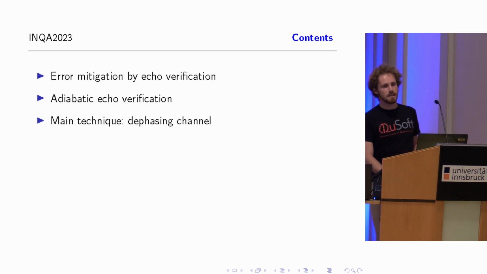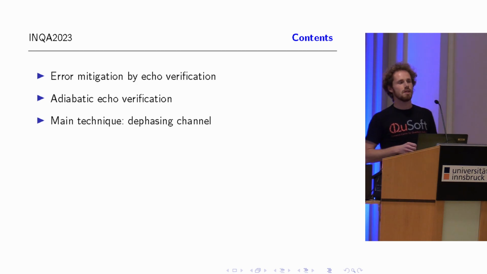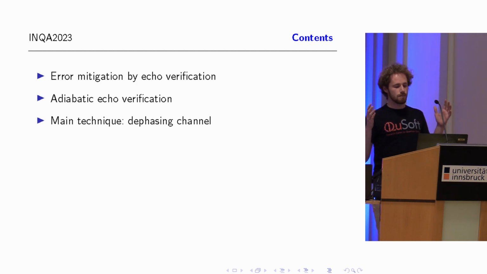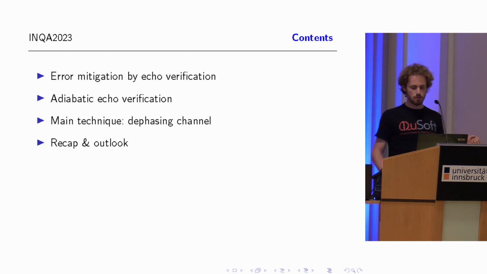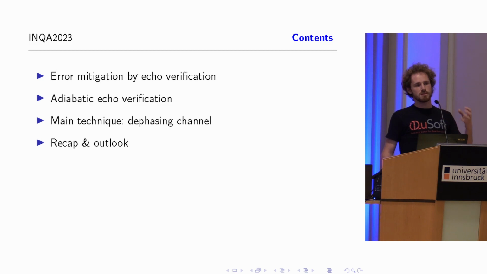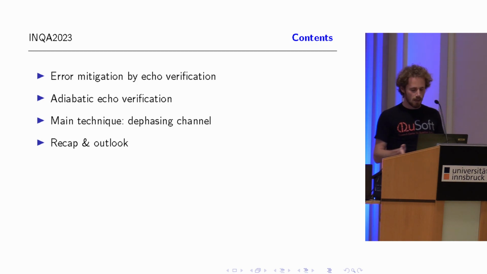The idea is that if you have a noisy version of some ideal state with respect to which you want to measure the expectation value of some observable, then you can reduce the bias in this estimation by effectively raising this noisy state to a higher power. Why does this work?